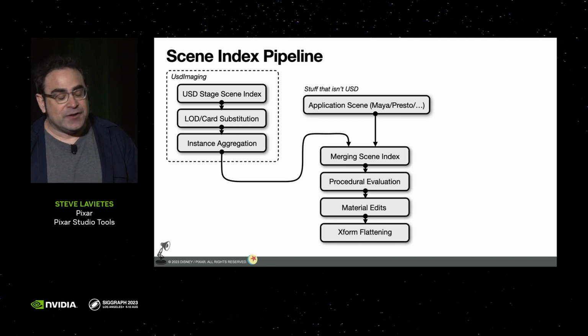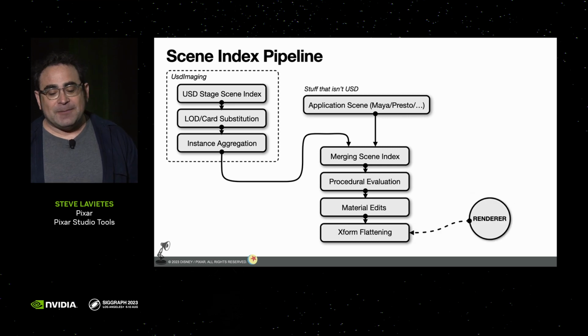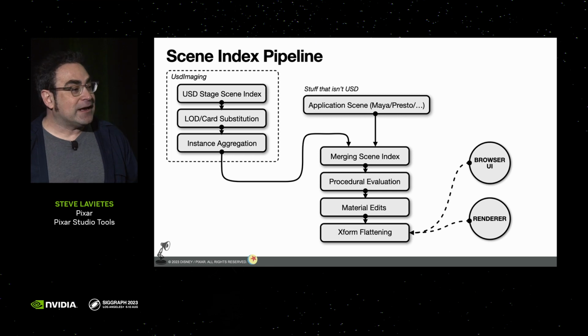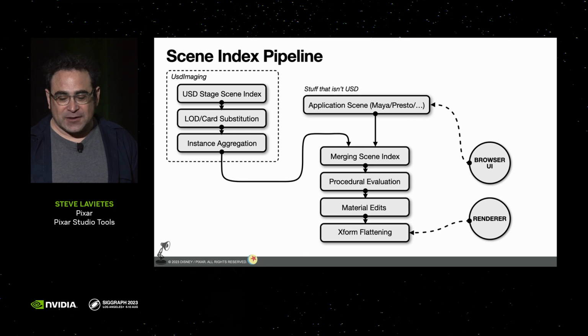Well, in Hydra 2, that is a choice that you can make. If your renderer wants it flattened, you put in a flattening scene index. So the renderer might be observing this portion of the scene. We have a browser that can look at it all the way at the end, but the browser can be targeting any scene within there. So it allows you to choose what is the most useful representation for what we're currently doing.